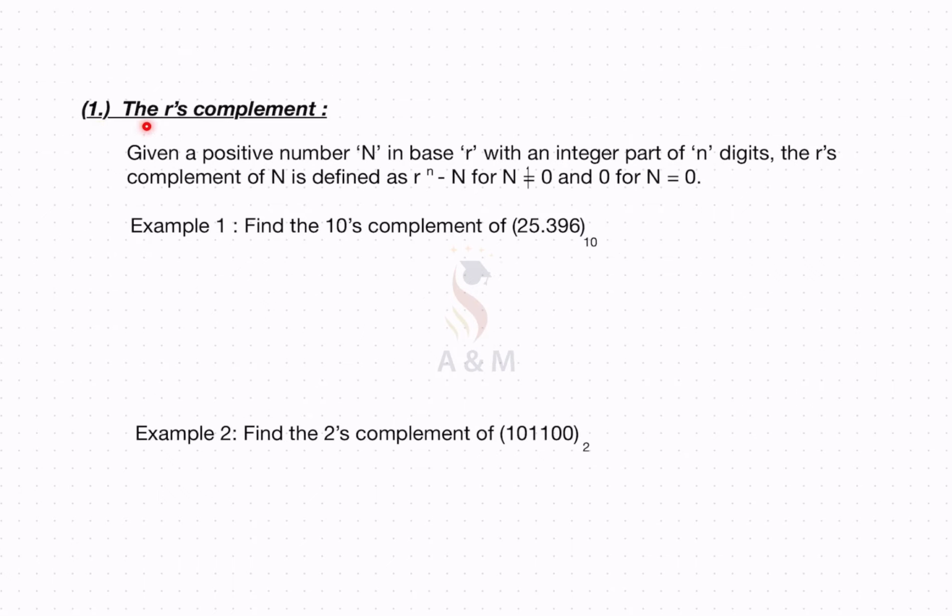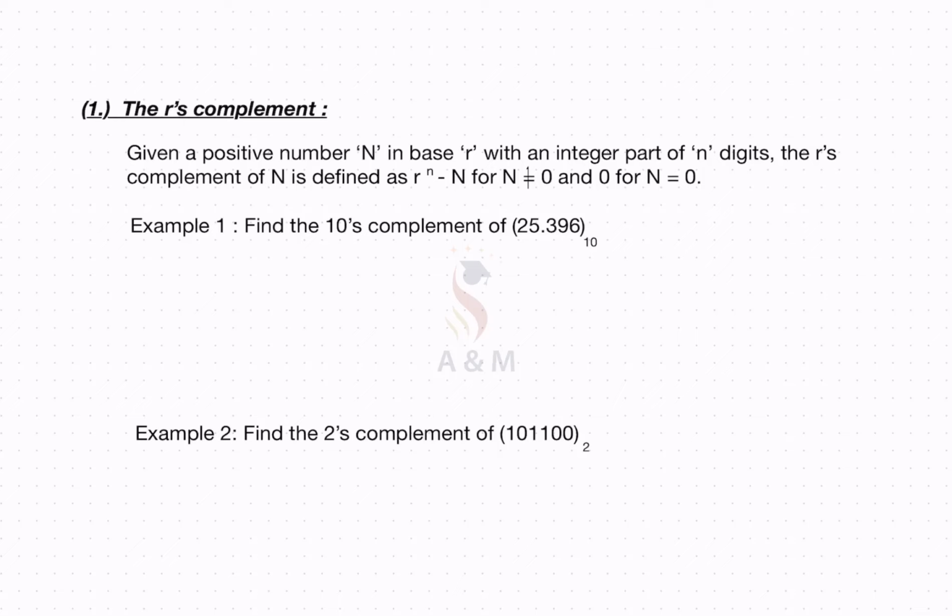First one, the R's complement. Given a positive number N in base R with an integer part of n digits, the R's complement of N is defined as R to the power n minus N for N not equal to 0, and 0 for N equal to 0.